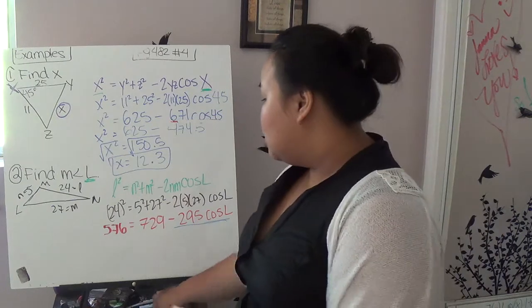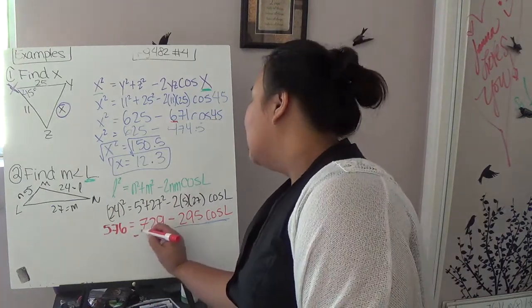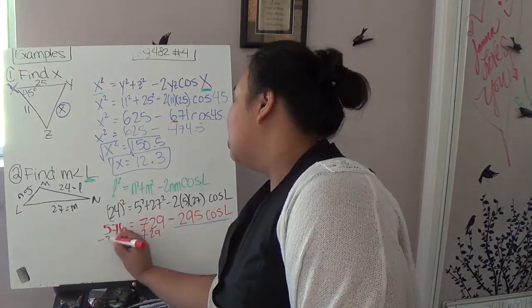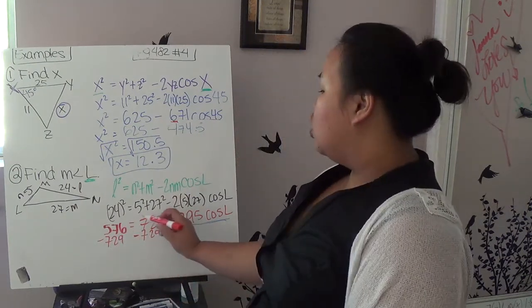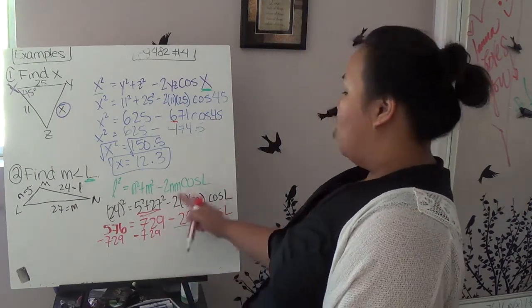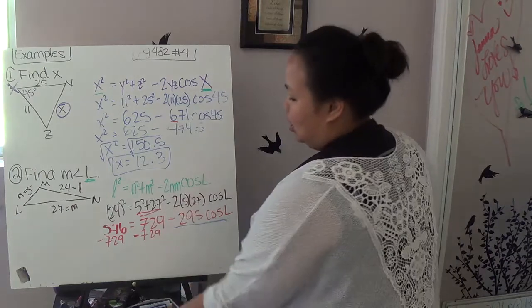So what I first need to do is subtract 729 from both sides. Do you see that? So I need to first subtract this, and then I can worry about this, because it's all connected together.